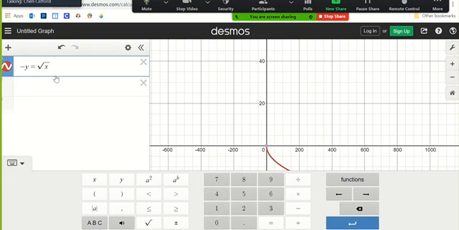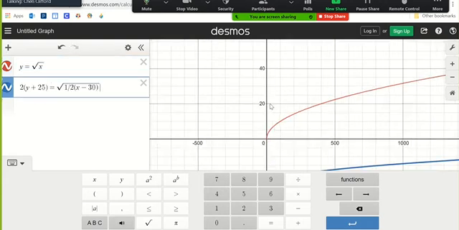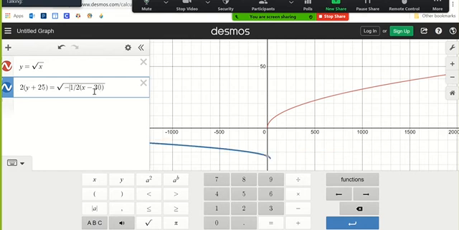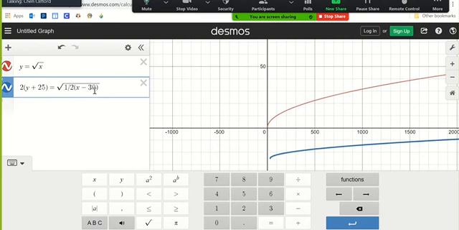All right, so let's bring back our transform function, and the same thing applies. I'm going to put a minus sign here.